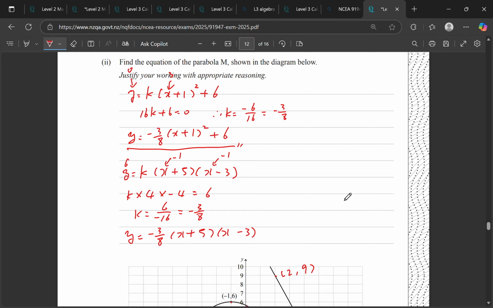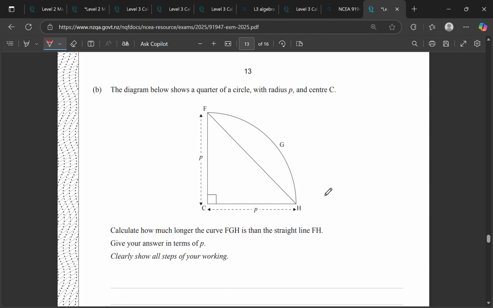Unless the question asks, you don't have to expand these. These are good enough, right? As I said, just one of them will do, either using the turning point method or the x-intercepts method.